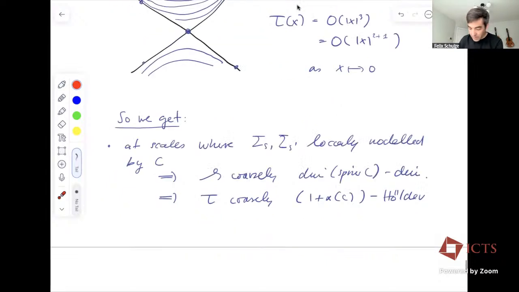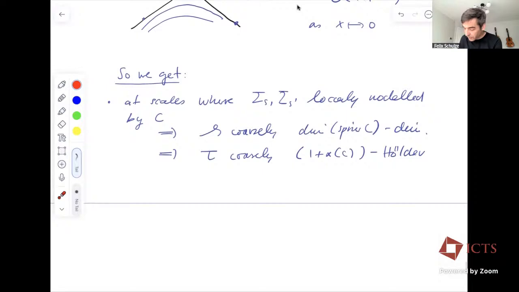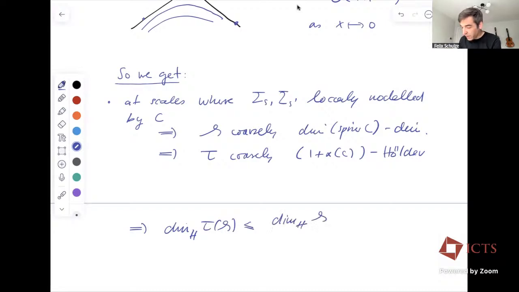But we can still do an estimate. There's a rather easy estimate on the Hausdorff dimension coming from that, and this is just an easy covering argument. If you want to estimate the Hausdorff dimension of the image, you take the dimension of the base set of S locally, and now if you do the computation, you have to divide it by the Hölder continuity.